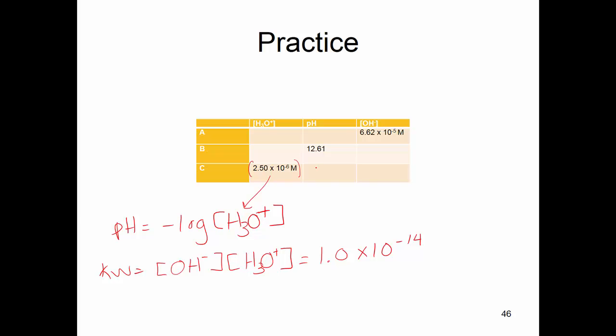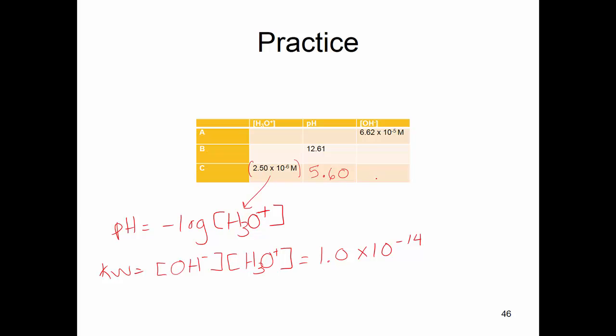I get a pH of 5.60. This makes sense. A pH less than 7 means it is acidic, and we have a larger hydronium concentration than 10 to the negative 7, which makes it more acidic.